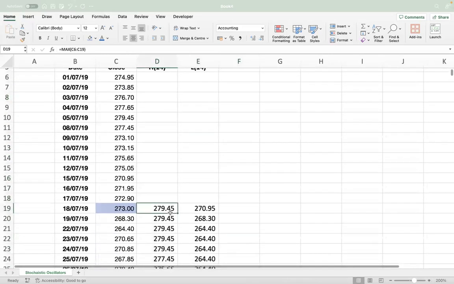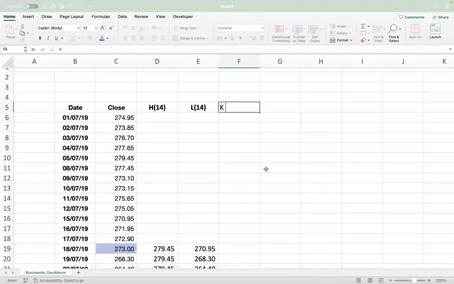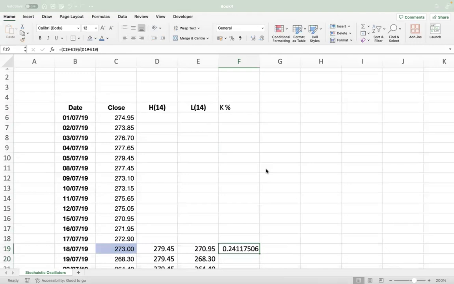Once you get this, you can straight away get your K line, which is nothing but the current stock price minus the low for the 14 days, divided by high minus low of the 14-day.